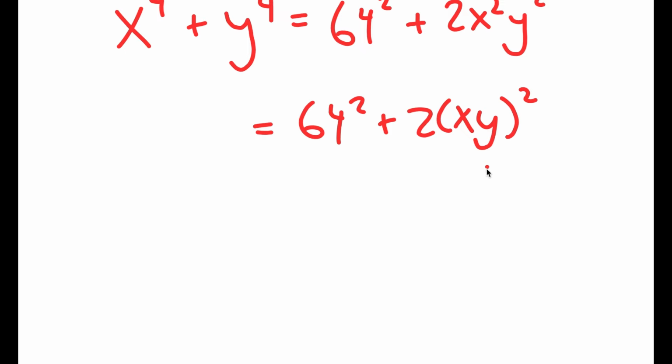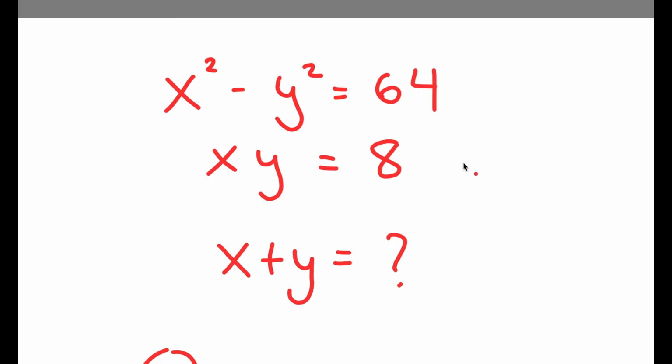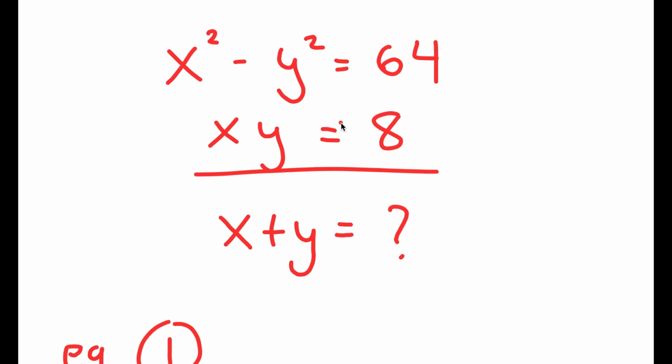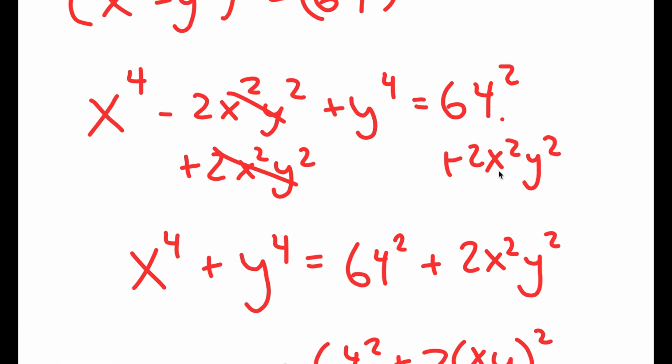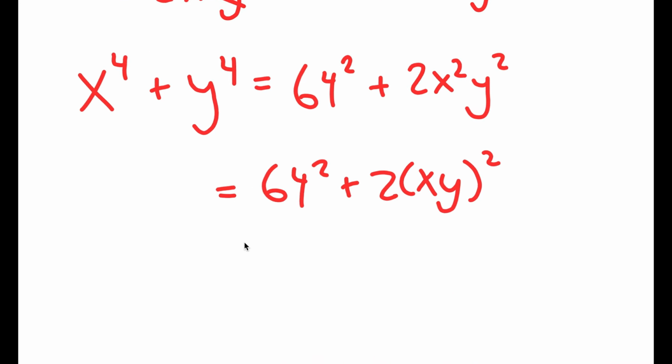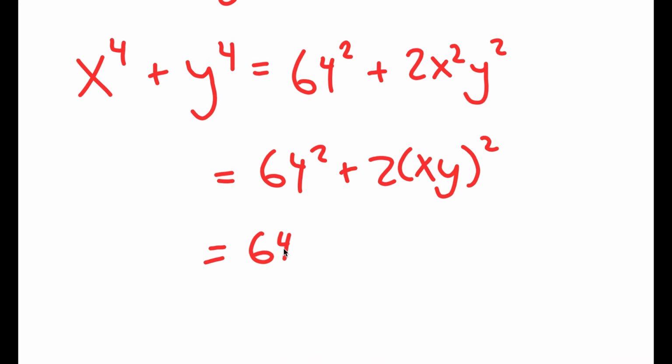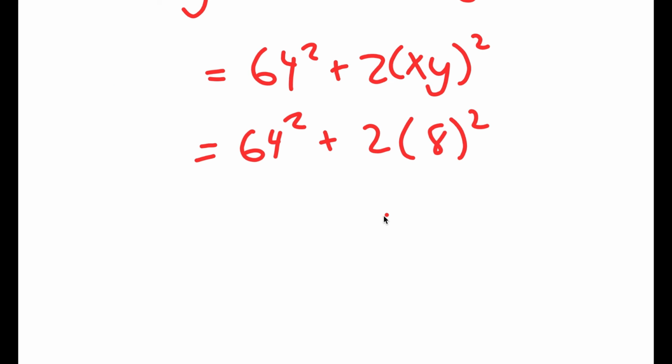And now going back, from equation 2, we have that x times y is equal to 8. So I can just plug that in right here, and I get 64 squared plus 2 times 8 squared, which is equal to 64 squared plus 2 times 64.